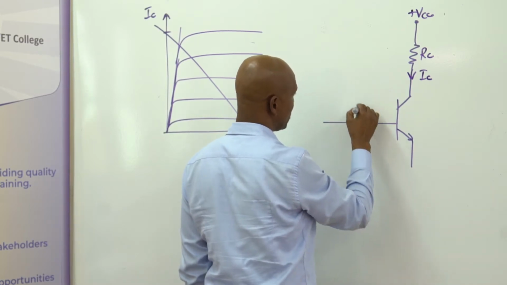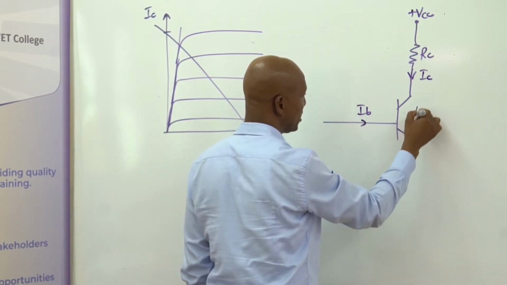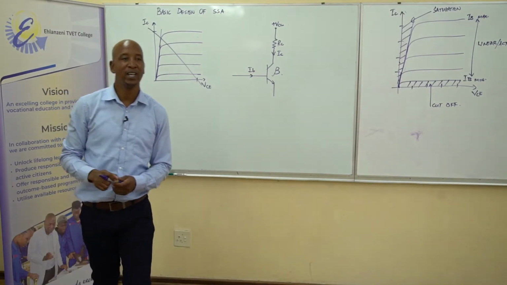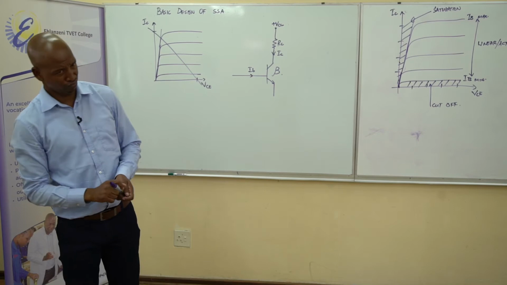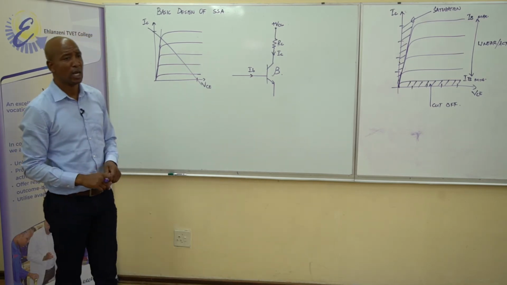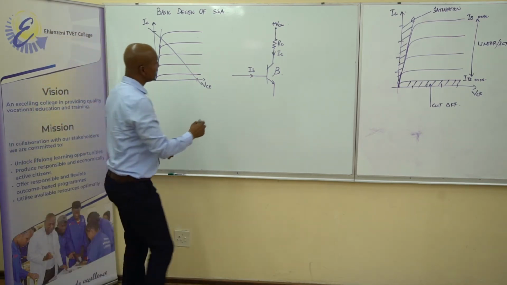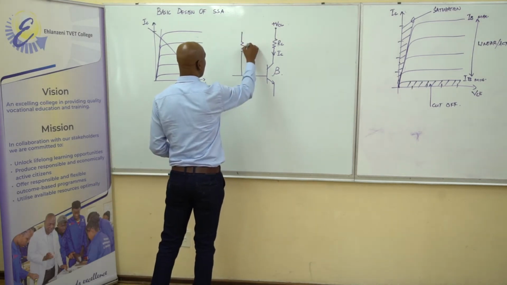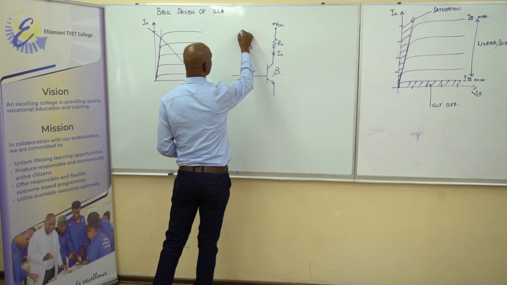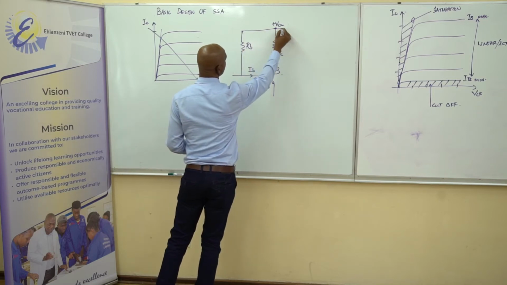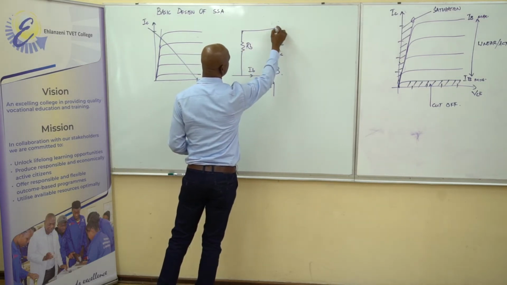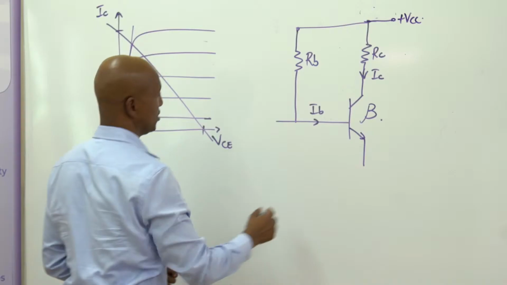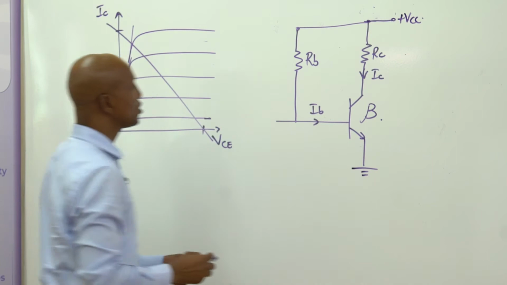I will say this is IB. The transistor will have some kind of gain. Oh sorry, there's one component missing here. Yes, it's RB, our biasing resistor. They will all be connected to plus VCC and grounded there.